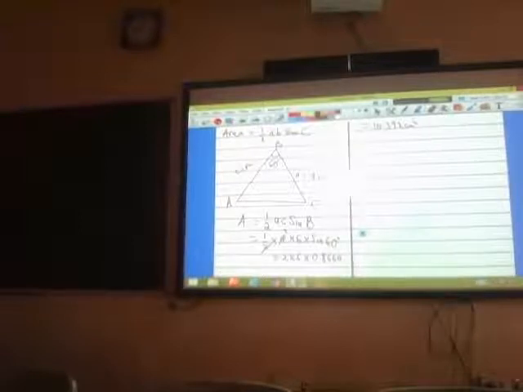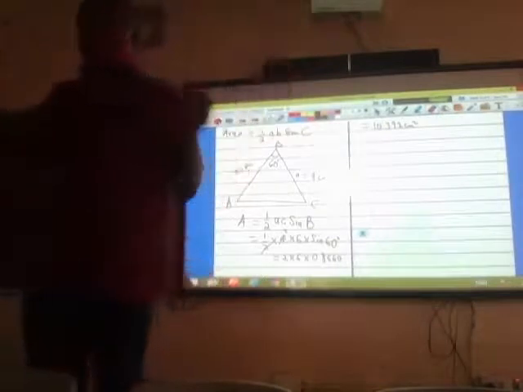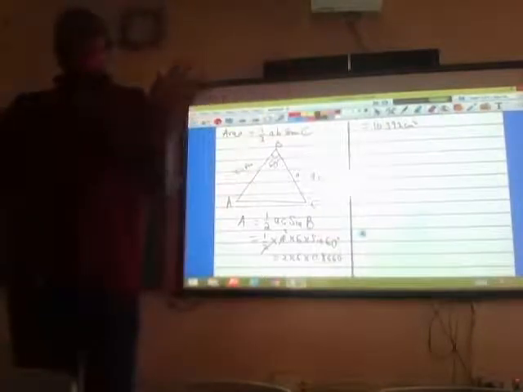Then another one: when you are given the three sides of a triangle, and no angle is given. You are not having any angle at all. You are given the three sides and you are told to find the area.